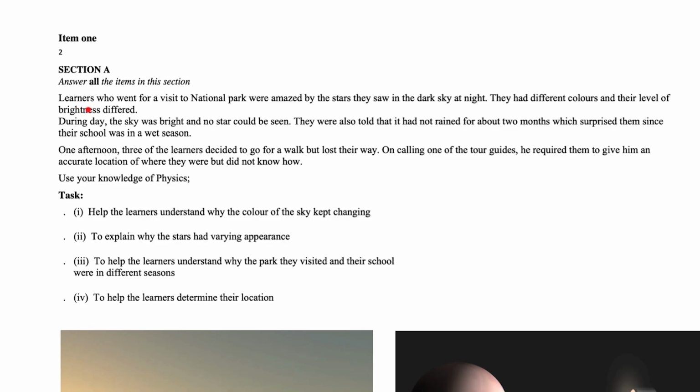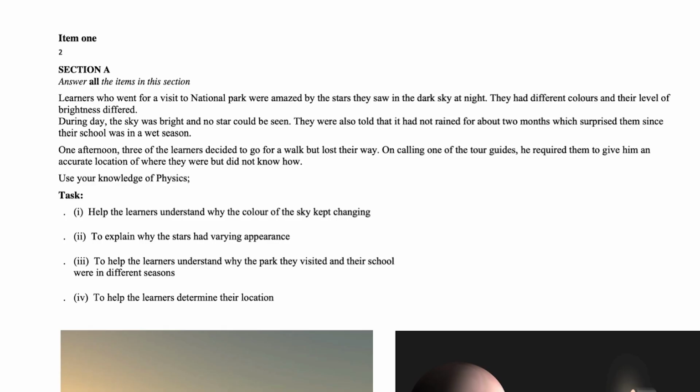Learners who went for a visit to a national park were amazed by the stars they saw in the dark sky at night. They had different colors and their level of brightness differed. During the day, the sky was bright and no star could be seen.